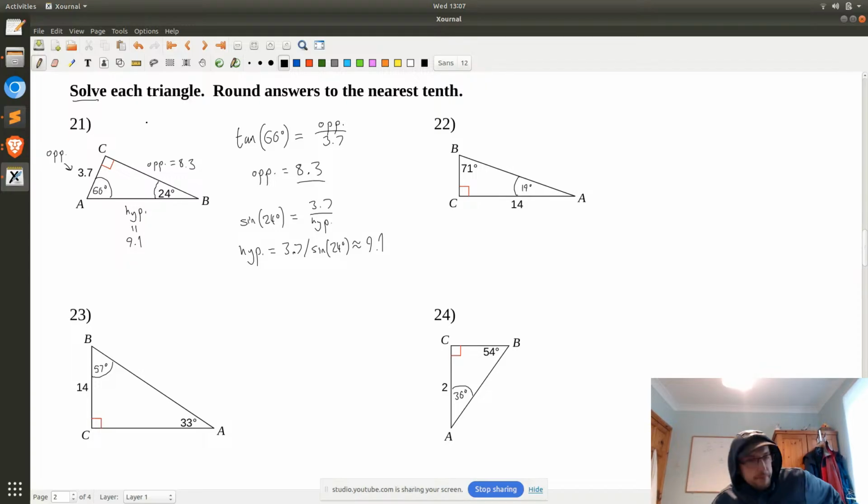Okay. But did you notice that when I was finding the opposite, I didn't follow my own rules? Because I used tan of 66, which is bad.